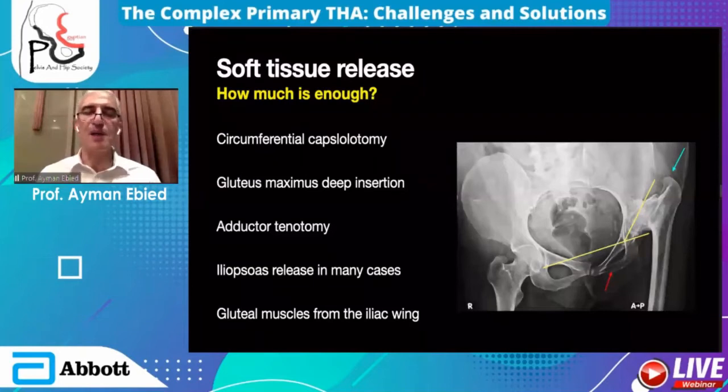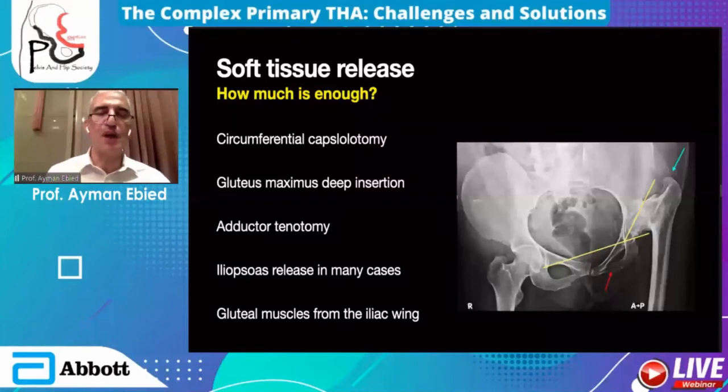Many of these cases need the abductor tenotomy, usually performed as a percutaneous tenotomy. In the majority of cases, the psoas release is performed, and the sliding of the gluteus medius and minimus off the iliac wing is another soft tissue release procedure that would allow bringing the greater trochanter down to the level that you wish to achieve.